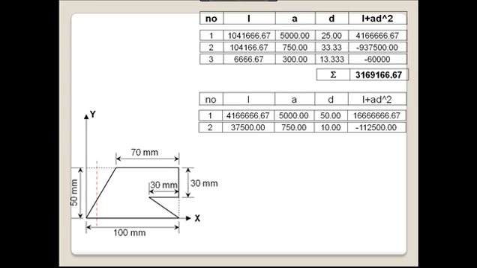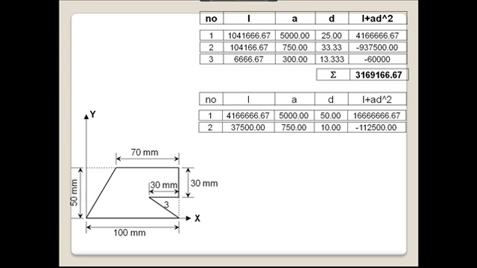You will get 37,500. Area continues to be 750, and the distance between the y-axis and the red dotted line is 30 by 3, that is 10. Then we do I plus AD square, and we do not forget to put the negative sign because this area is to be taken out from the figure.